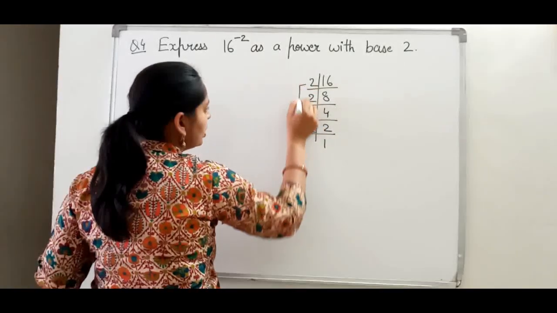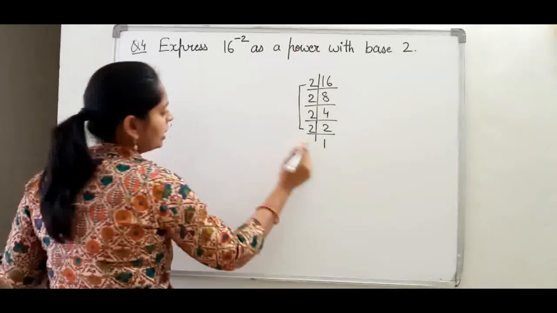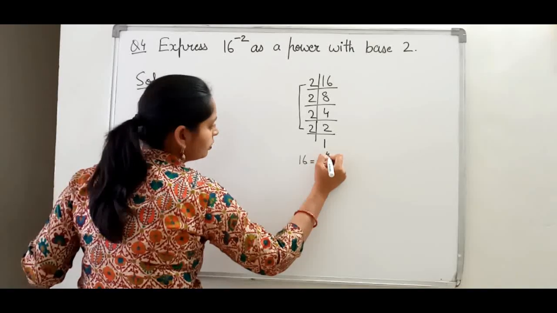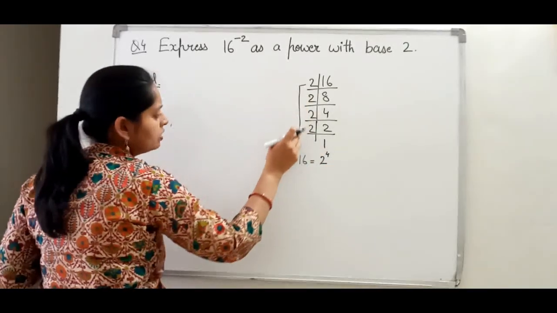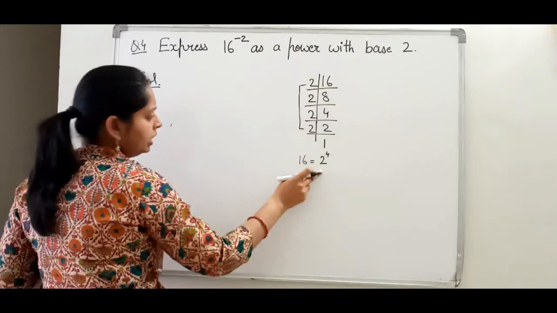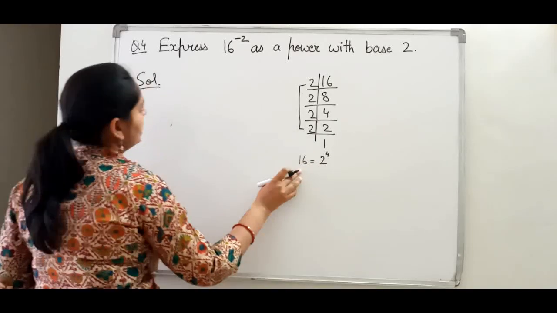How many times is 2 coming? 4 times. It means 16 can be replaced by 2^4, because multiplying 2 four times gives 2, 4, 8, 16.